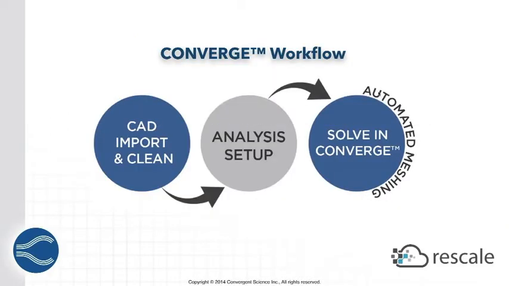So as I mentioned, Converge is unique in that we completely remove the meshing up front and we automate it at runtime. So this streamlines the workflow that you see with Converge. And as you can see from this graphic, we have a simple three-step process with the meshing done automatically at runtime.